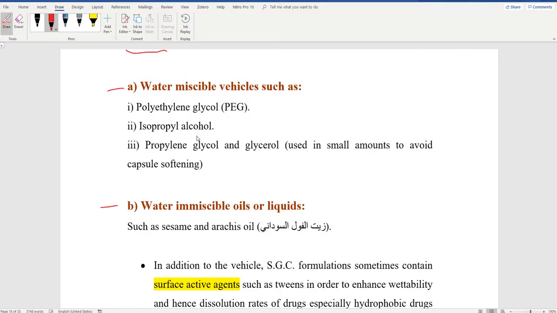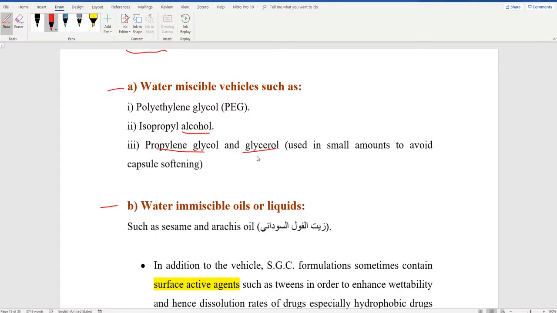If you look at alcohol, alcohol is volatile. Isopropyl alcohol is a volatile liquid. If I want to use something volatile, it has to be in small quantity. Otherwise, it can create pressure inside the soft gelatin capsules, and the content may permeate or get released from the shell. So I have to use it in small quantities.